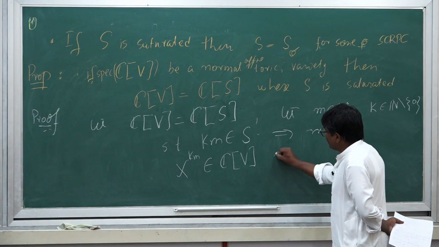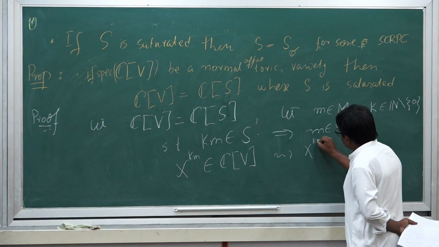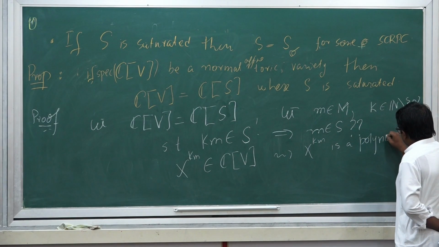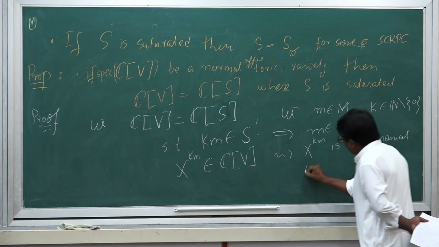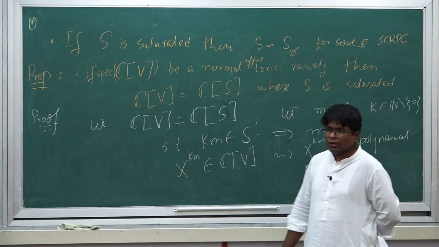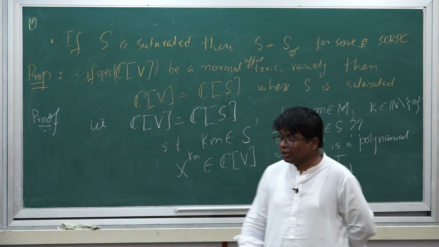On the other hand, this character is a polynomial on your torus Tn, because characters are defined in this way.